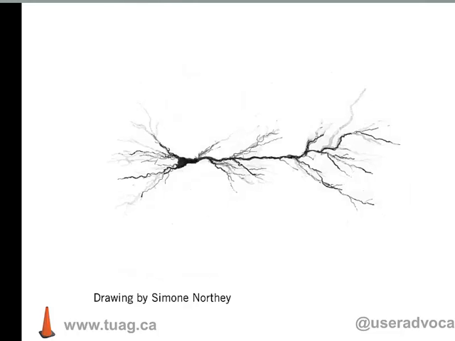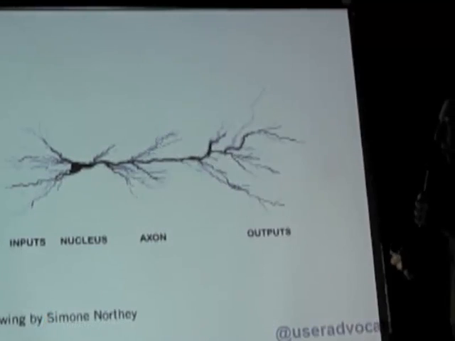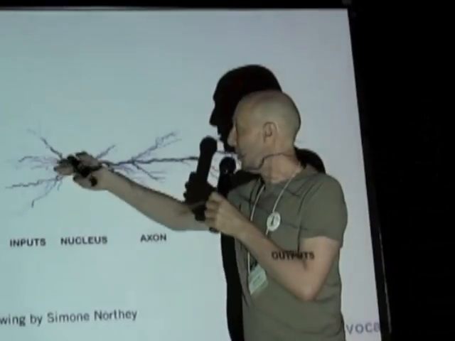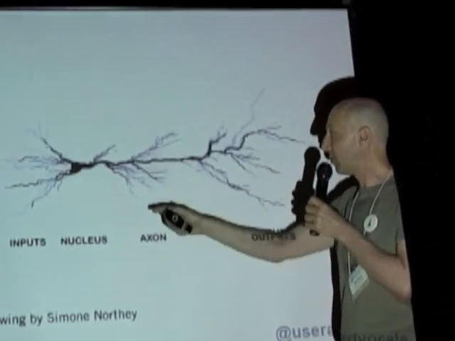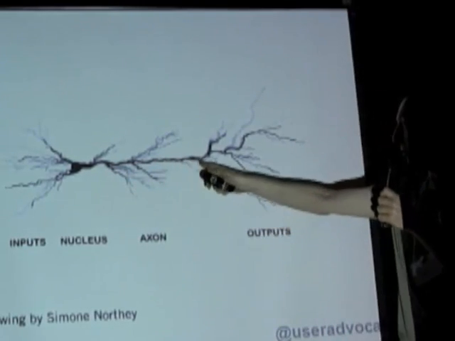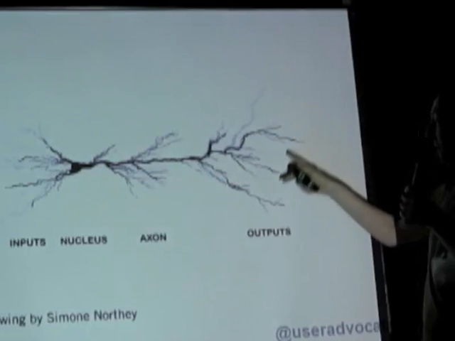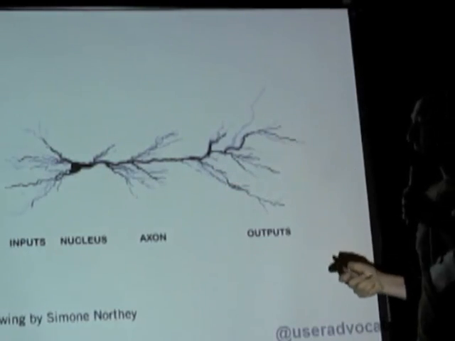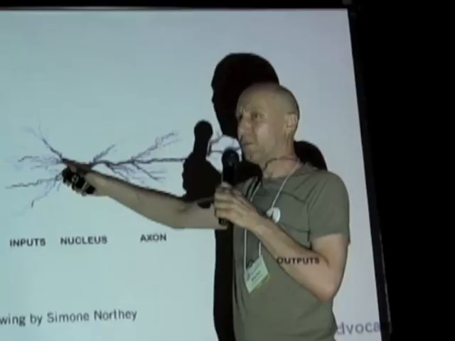This is another drawing, an artist rendering of a neuron. And it has a particular kind of structure to it. It has these inputs, this point of focus called the nucleus, that then sends a signal under certain conditions out into this thing called the axon and into a new context. So it's a way of actually getting information to travel.